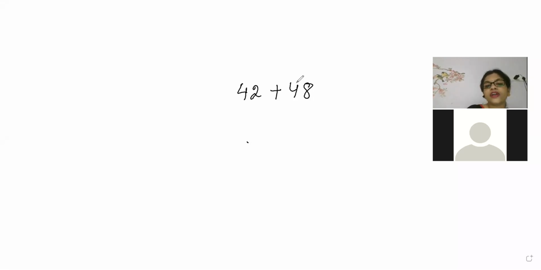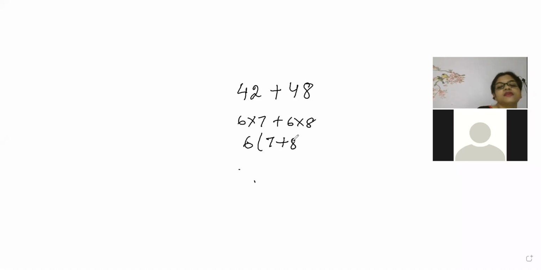Now look here: 6 sevens are 42 and 6 eights are 48. Now by the distributive rule, I'm taking out 6. When I have taken out 6, what is left is 7 and 8 inside, as Kavya is telling. Correct, beta?